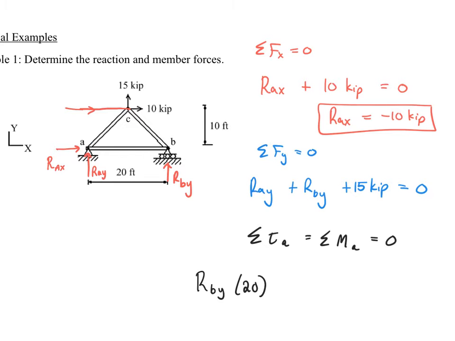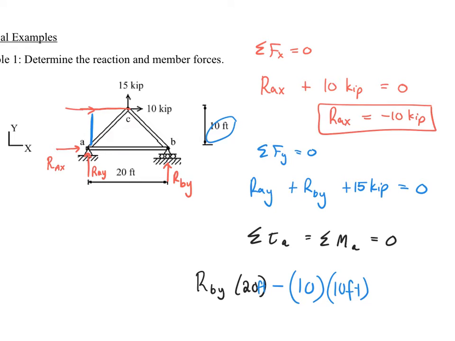And now I know this perpendicular distance here. Actually, do I know that distance? Yeah, just on the side. Oh, thank you. There it is. Thanks, Rodrigo. 10 right there. So I can say that this 10 kip force is going to cause this bridge to rotate clockwise. Clockwise is negative, and that's a 10 kip force times a distance of 10 feet.